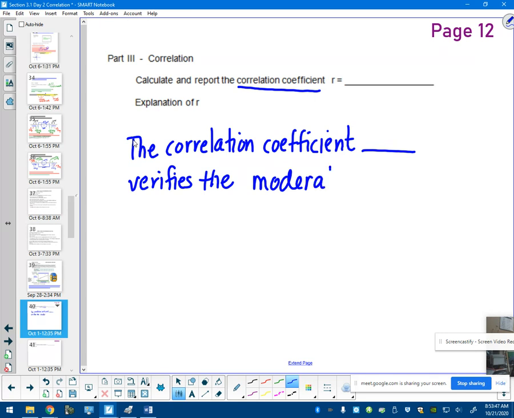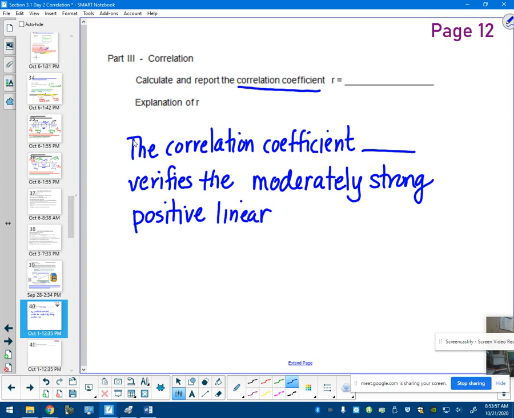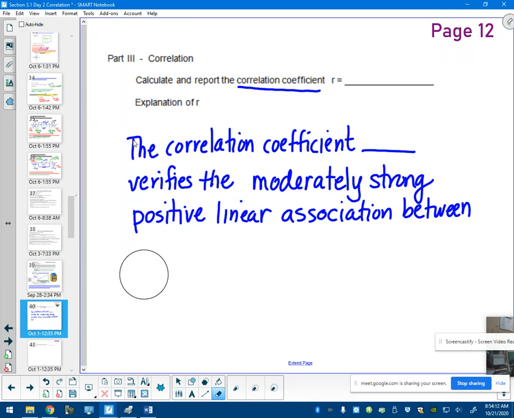Moderately strong, positive, linear, association between, and now we can be minimalists, body, right?